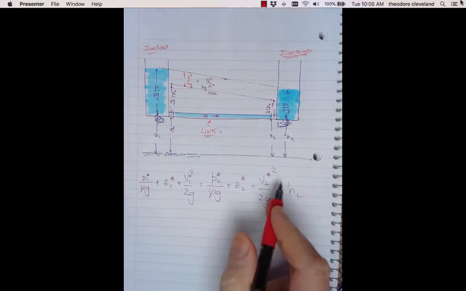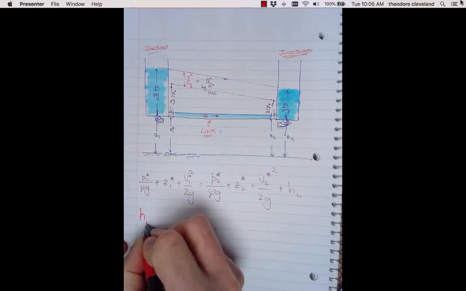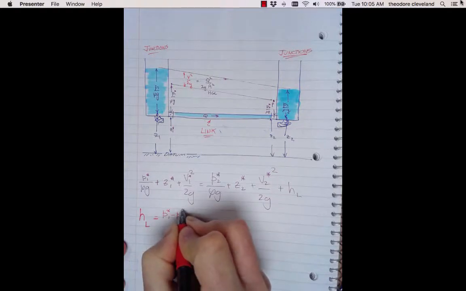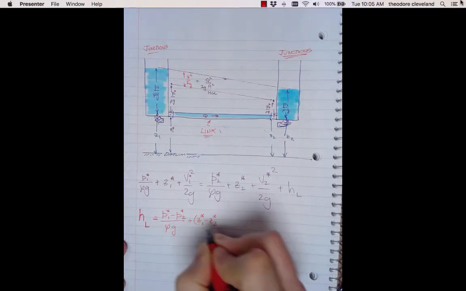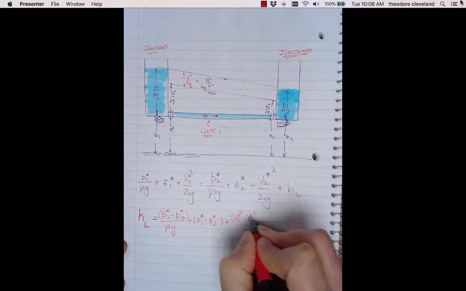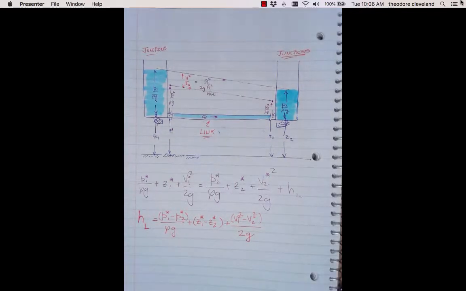link. And so if we were to write this equation in terms of the link, we would have head loss is equal to P1 minus P2 over rho G plus Z1 minus Z2, trying to keep everything grouped, plus V1 squared minus V2 squared over 2G.